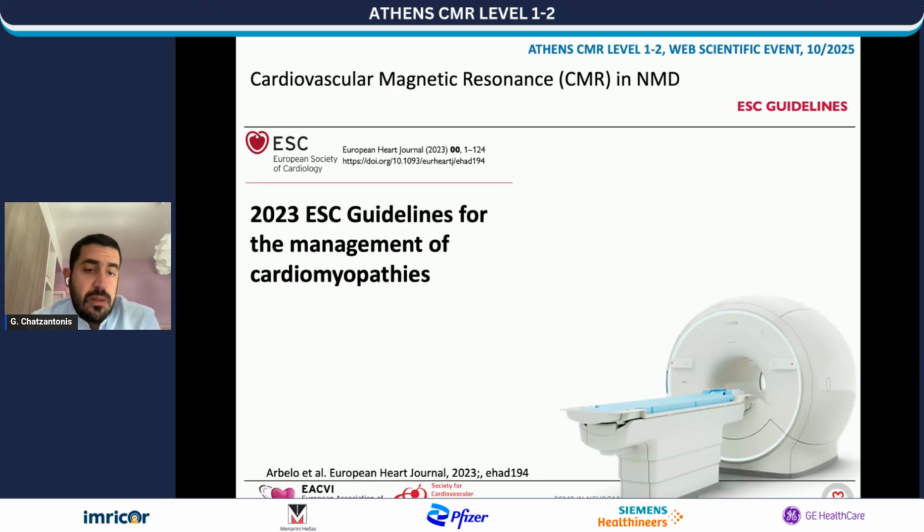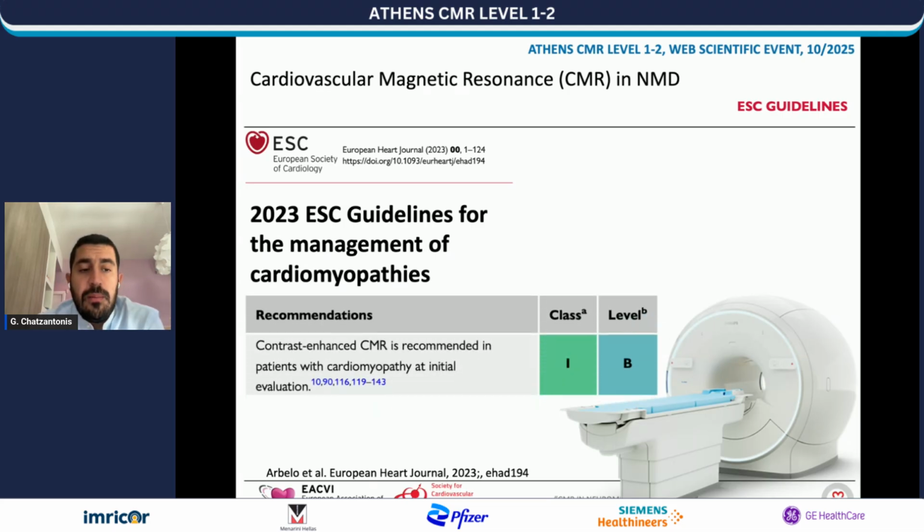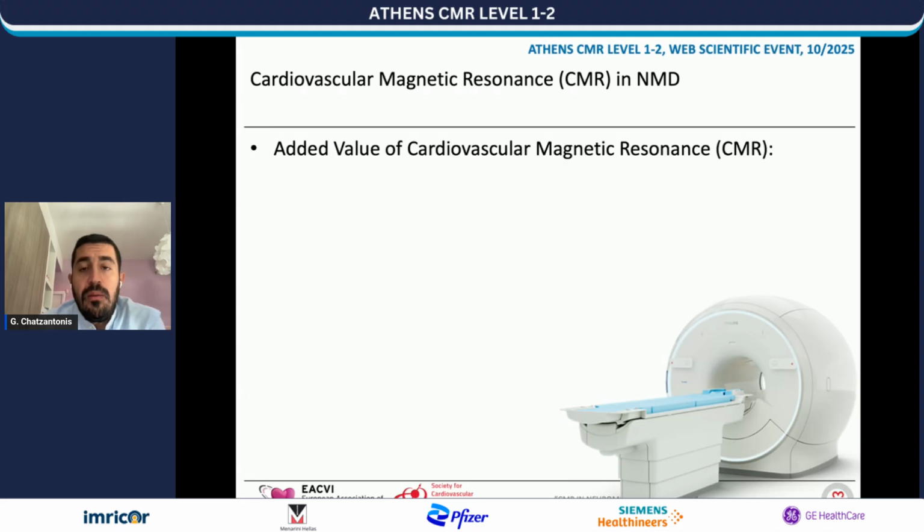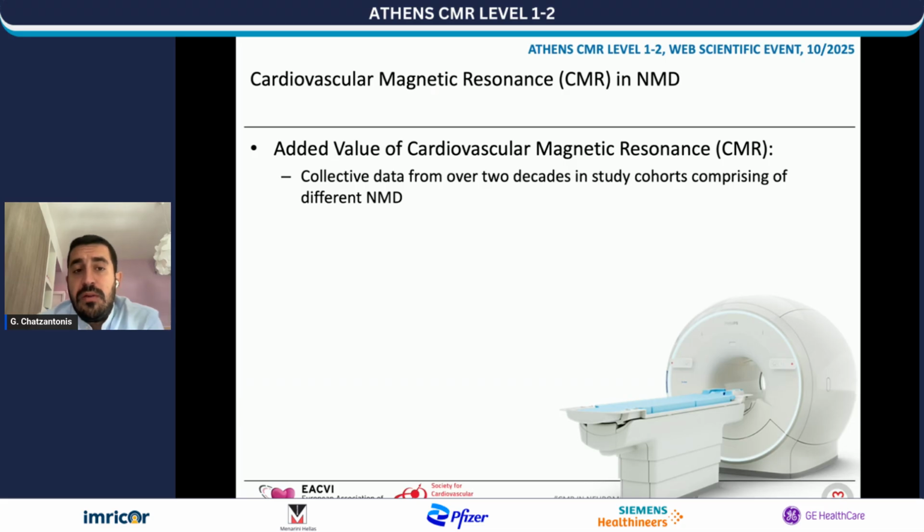So, guidelines: the European guidelines for cardiomyopathies put CMR with a 1B indication as a recommendation for patients with cardiomyopathy at initial evaluation. Because CMR has a good added value, we have collective data from over 2 decades now in study cohorts comprising different NMDs.